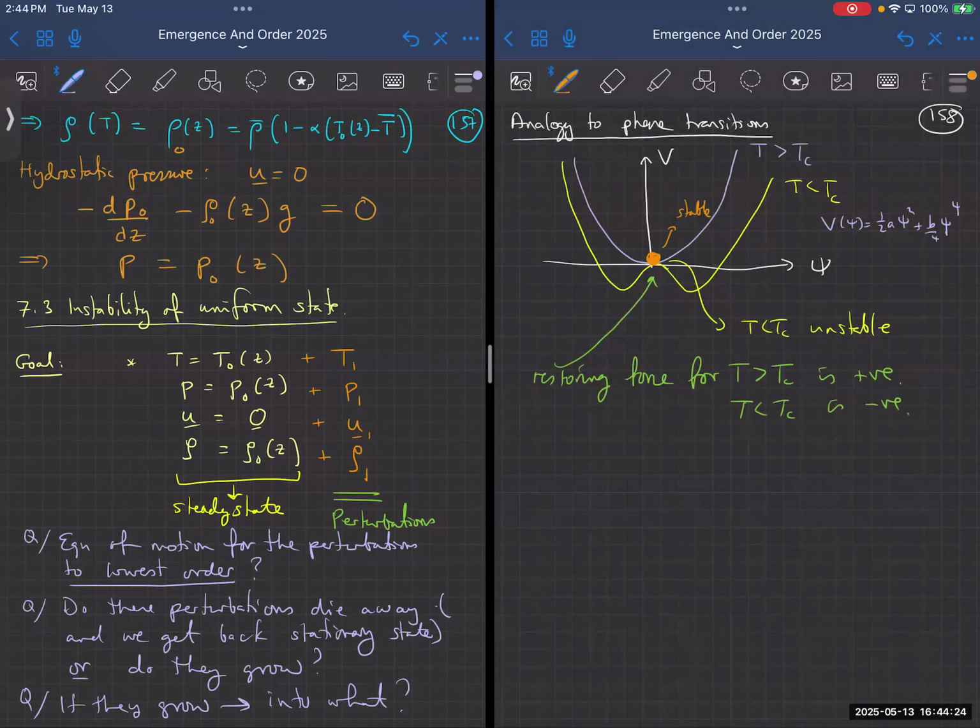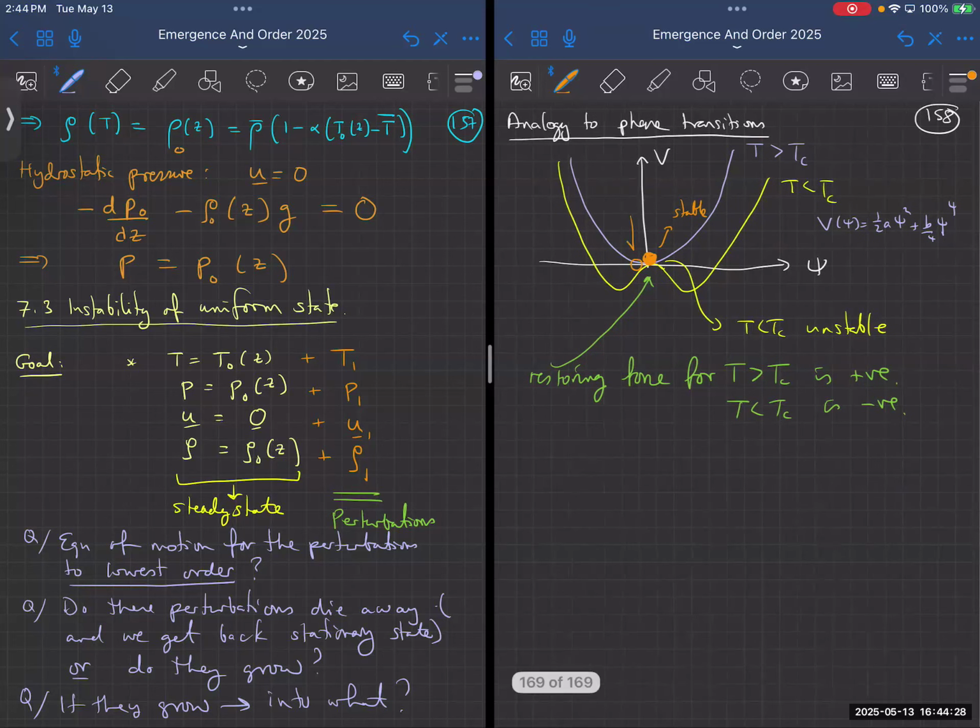And you can see that because if I displace this particle, so let's suppose I were to displace this particle to this point over here, it would experience a restoring force above Tc and move back to the origin. But if I'm below Tc, it's just going to fall down this potential well like that. So for t less than Tc, the particle moves away from the origin.